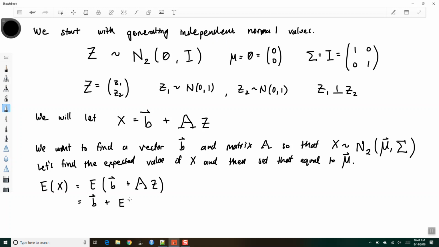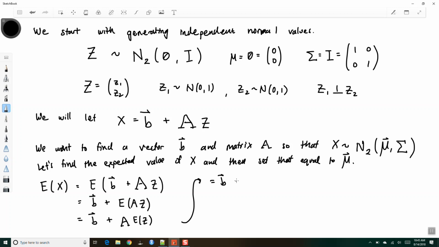Plus the expected value of A times Z, and this will just become B plus matrix A times the expected value of Z. Okay, and what do we have next?